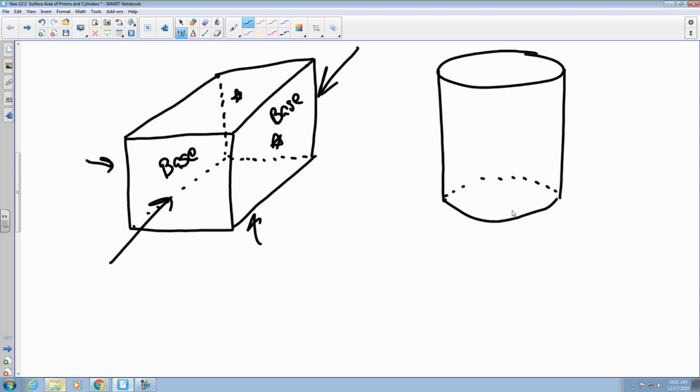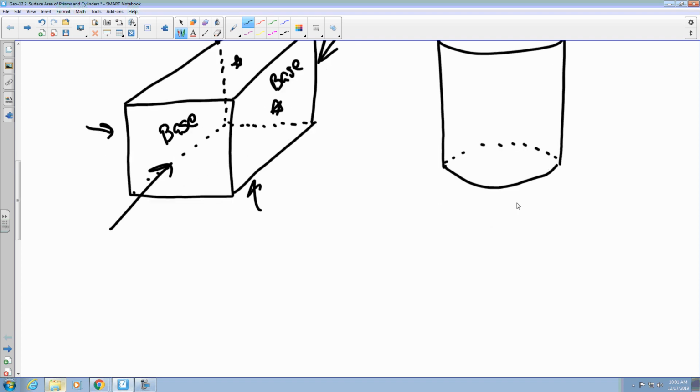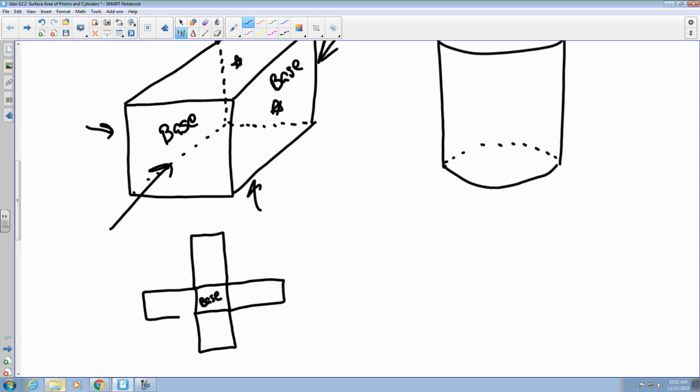So to draw this, I'm going to start with one of the bases. I'm going to say this is my base. Then from each side, here's one lateral face, the second lateral face, the third lateral face, and finally the fourth lateral face.